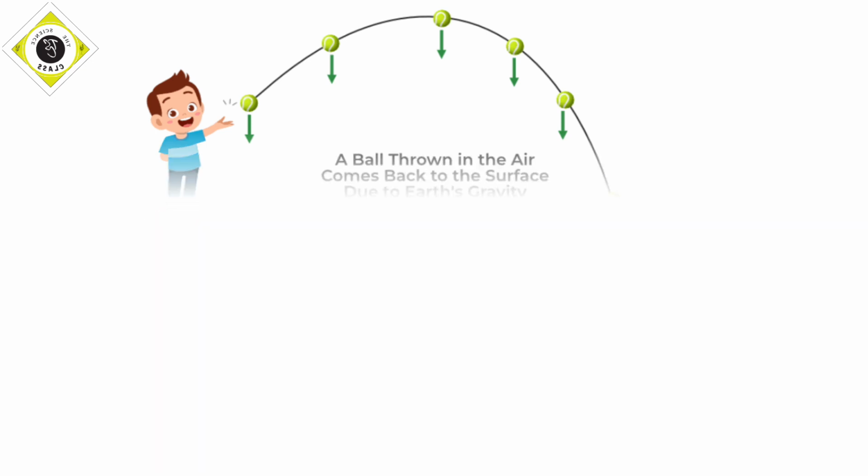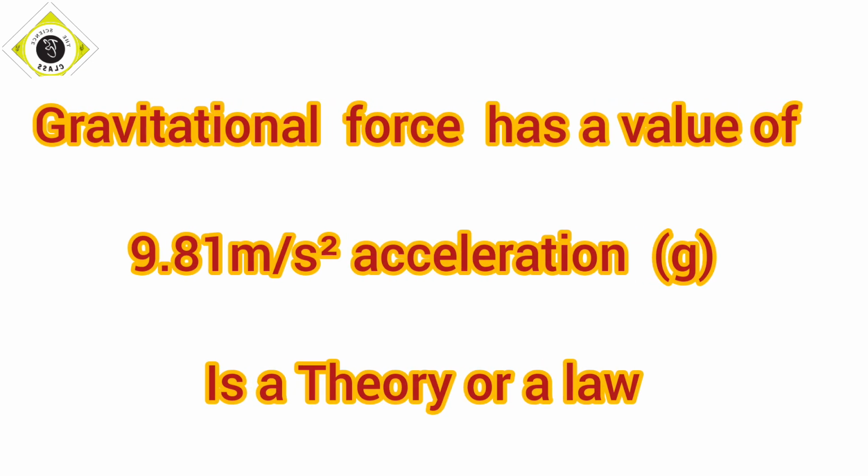So it is now a theory or a law that gravitational pull has an acceleration of 10 meters per second square, or 9.8 meters per second square, whichever one applies. But on the average, 10 meters per second square is used for gravitational force. So that is an example of a theory which has been reviewed by several scientists and a conclusion has been made.